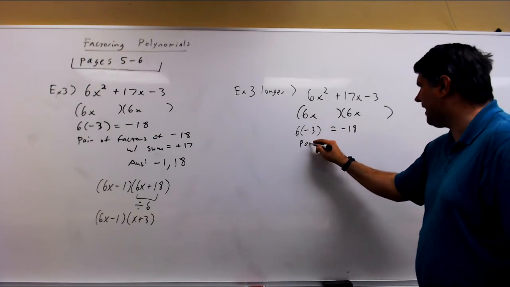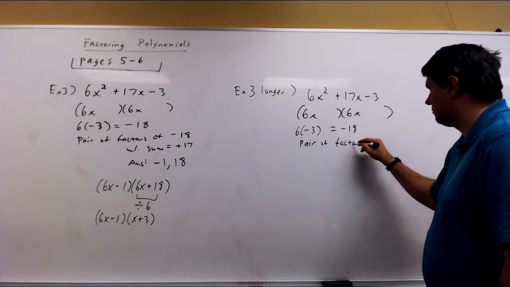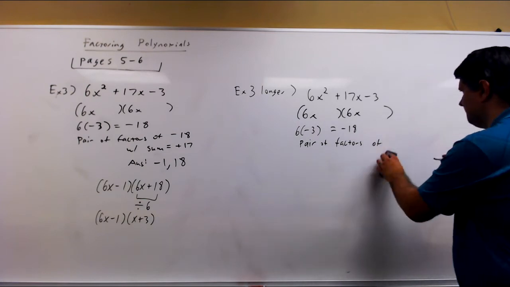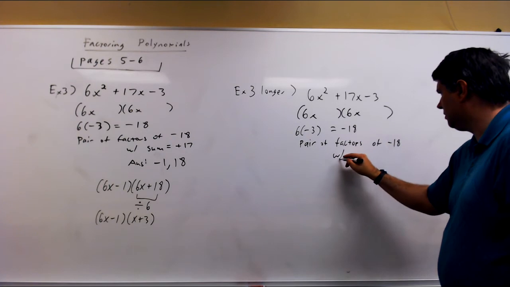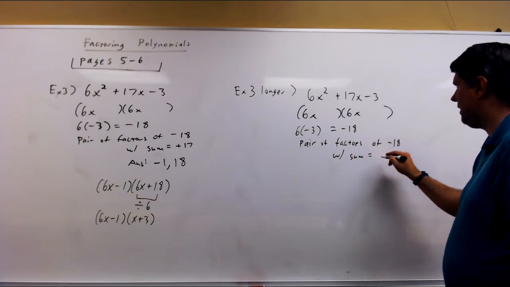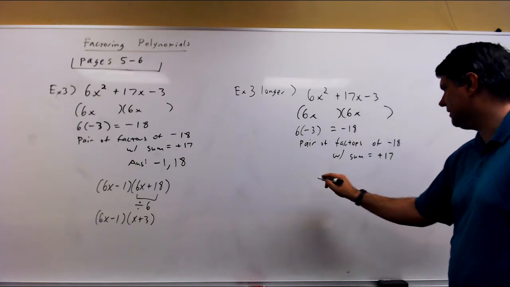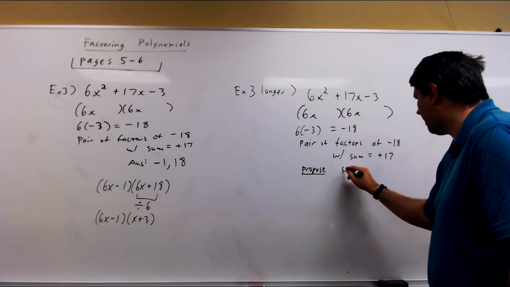I need a pair of factors of negative 18 with a sum that equals positive 17. This time I'm going to do a propose and sum pair.